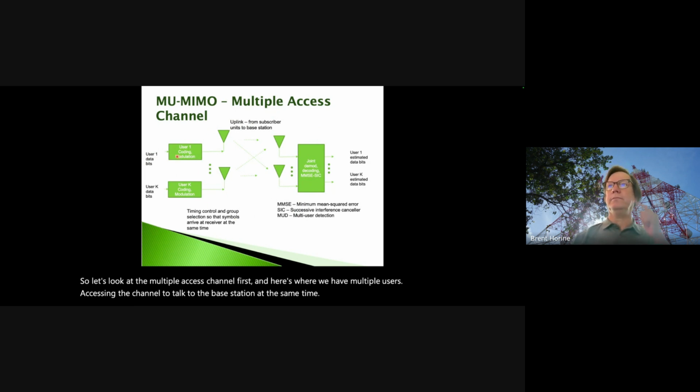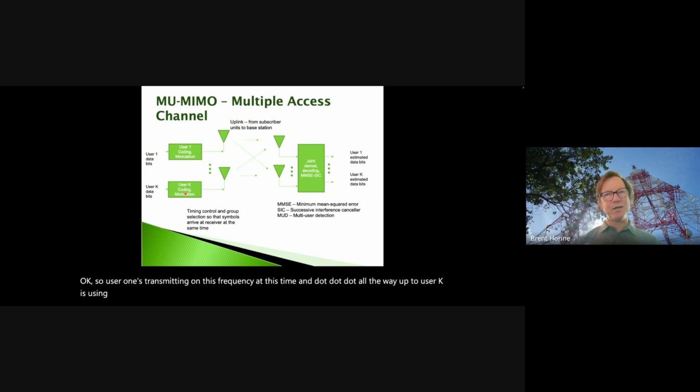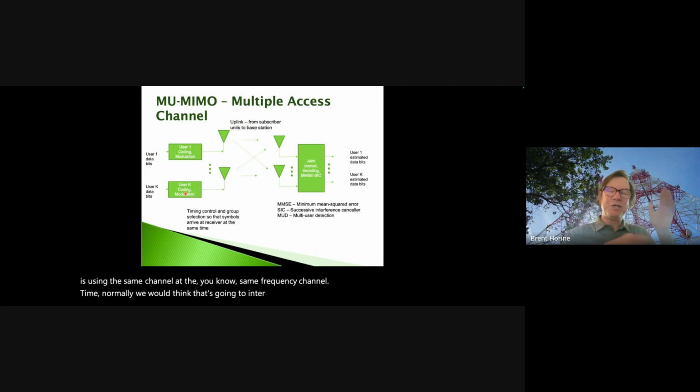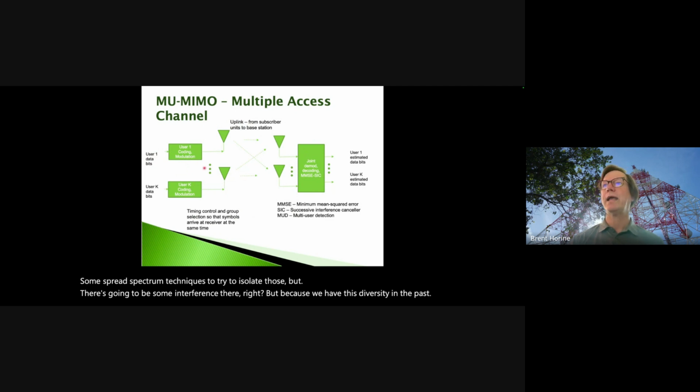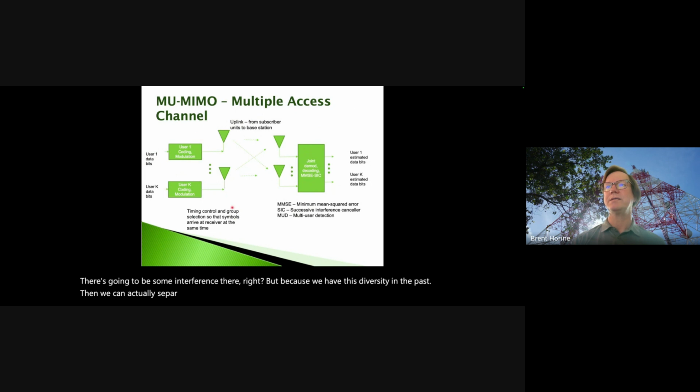Okay, so user one's transmitting on this frequency at this time, and all the way up to user K is using the same frequency channel, same time. Normally, we would think that's going to interfere, right? So maybe we use some spread spectrum techniques to try to isolate those, but there's going to be some interference there, right? But because we have this diversity in the paths, then we can actually separate out these guys, right?